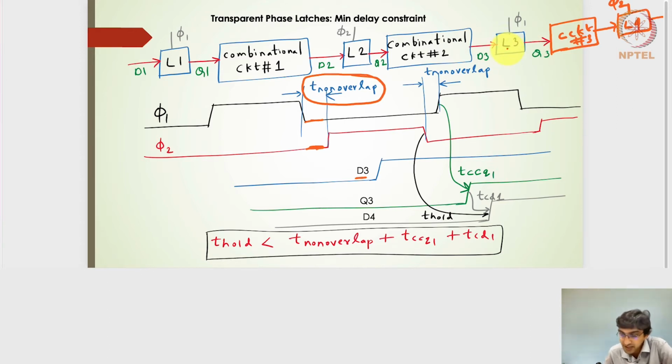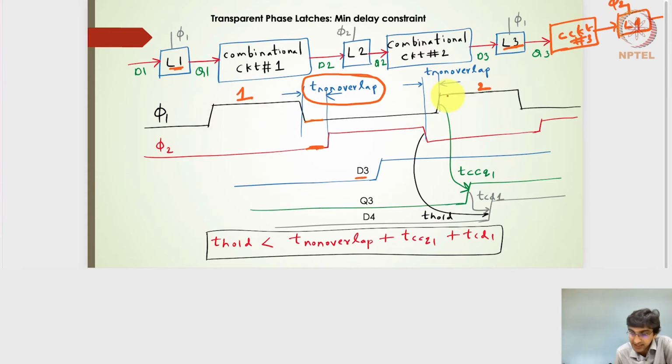Remember that latch 3 should work for clock 1, and latch 1 should work for clock 1, but latch 1 is expected to work in the first clock level, and L3 should work in the second clock level.